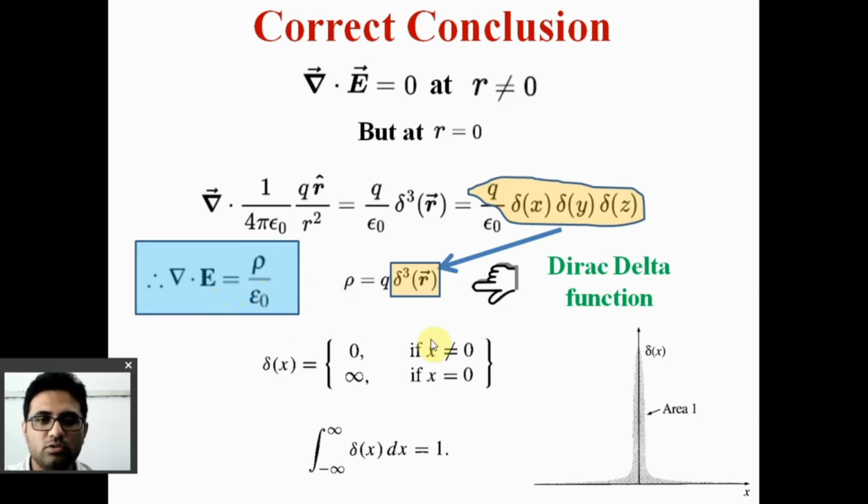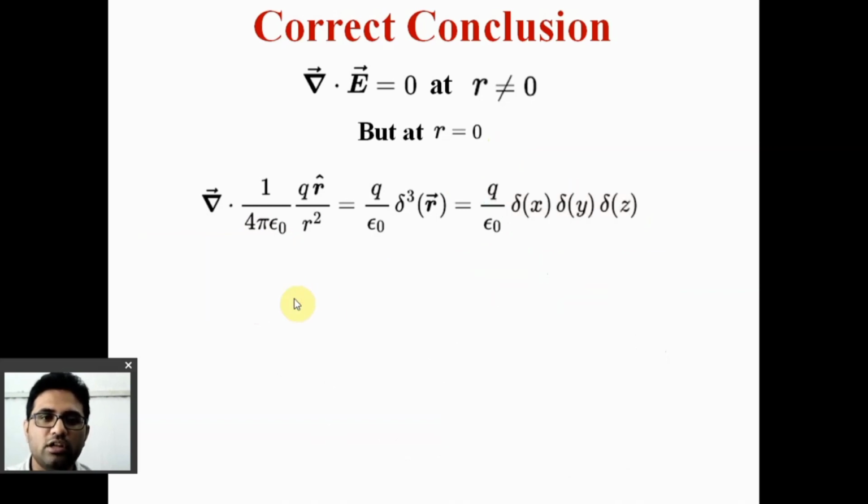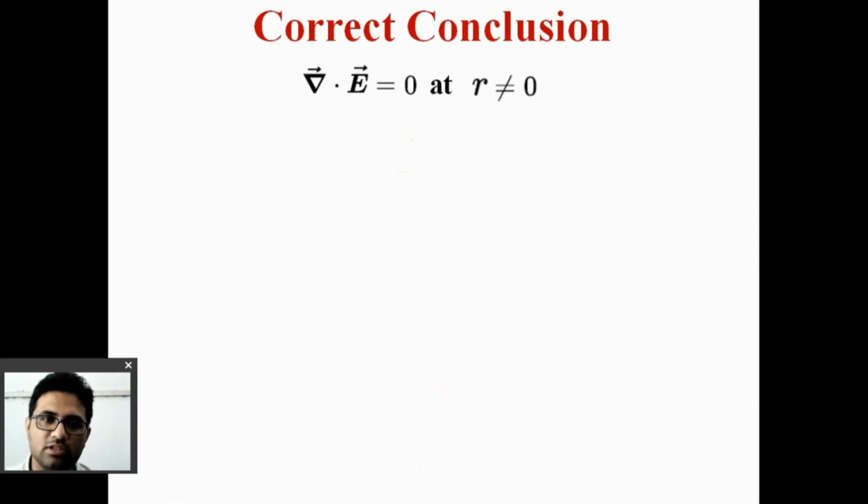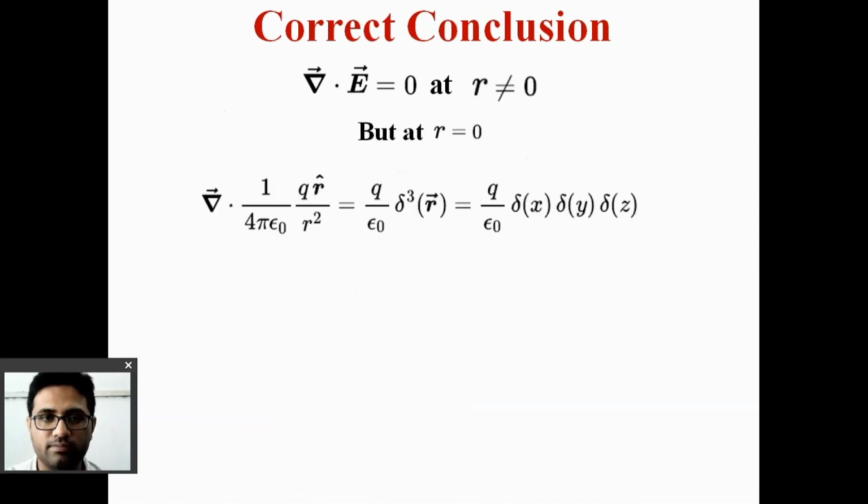If we consider the total volume, including the point where the charge is situated as well as where the divergence of electric field is 0, that is r not equal to 0, this will be the total divergence form. If you integrate over the total volume, we get q by epsilon naught, because the volume integral of rho dv is q, and Gauss's law is verified here.